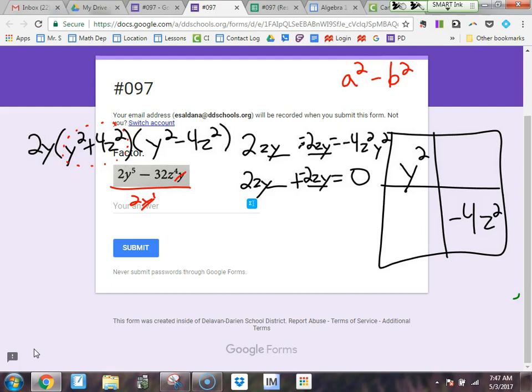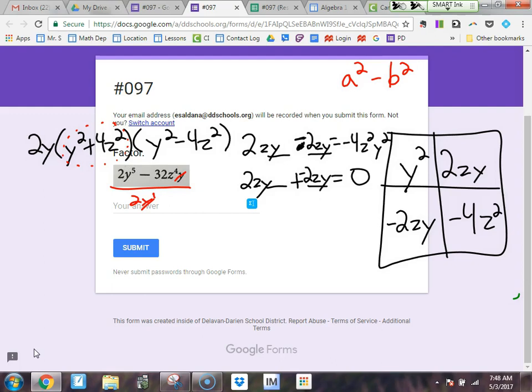This is a multiplication right here, by the way, and the negative 2zy. Okay, so I'm going to put this down. Let's say we have 2zy here and a negative 2zy here.